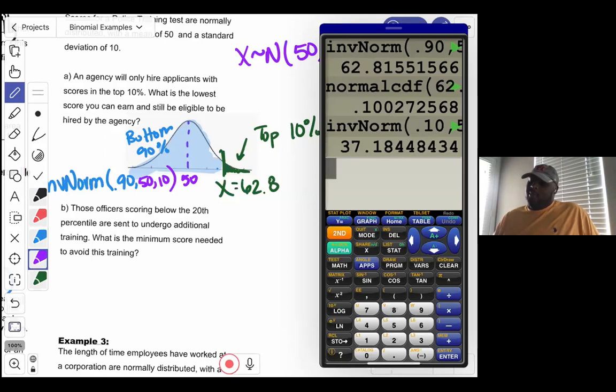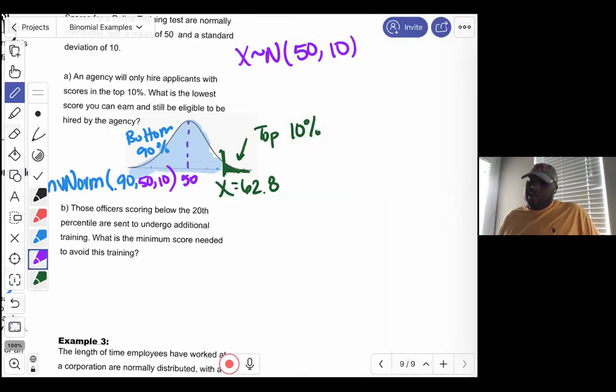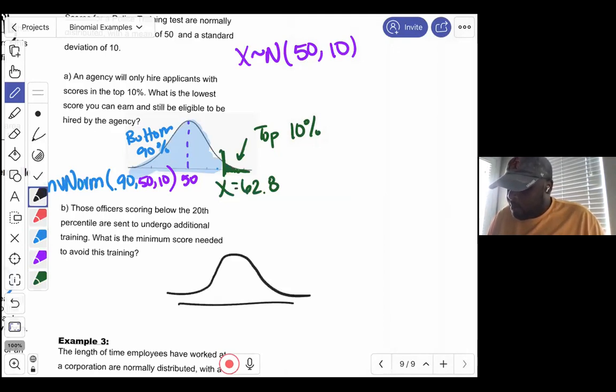Look at B. The next one says, those officers scoring below the 20th percentile. I'm going to draw a curve again. The mean is at 50. Below the 20th percentile. Well, it's easy to know where percentiles are based off of the mean, which is at the 50th percentile.